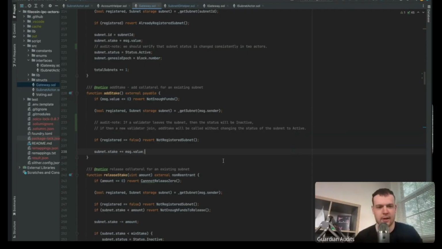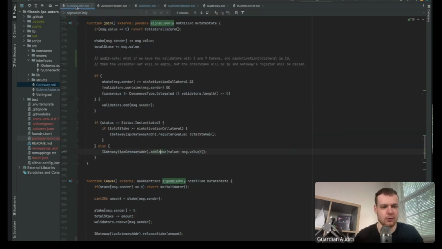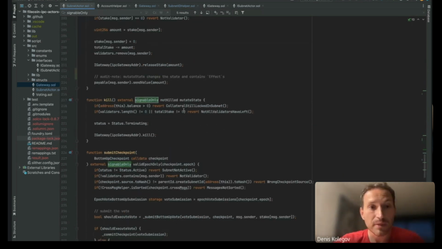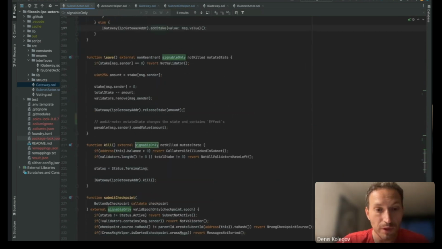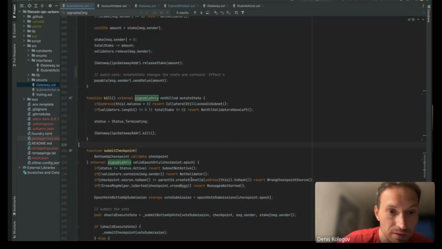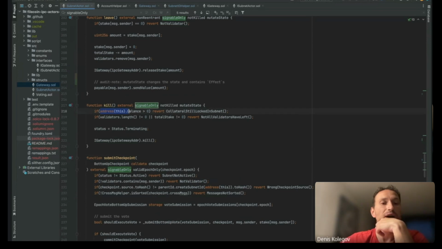Let's have a quick look at kill and how that works. I assume we have to go through the subnet actor to kill it, right? Yeah, absolutely. So the same modifiers except non-reentrant. What I don't like personally is that here we use address this balance, and if it's greater than 0, then we revert.